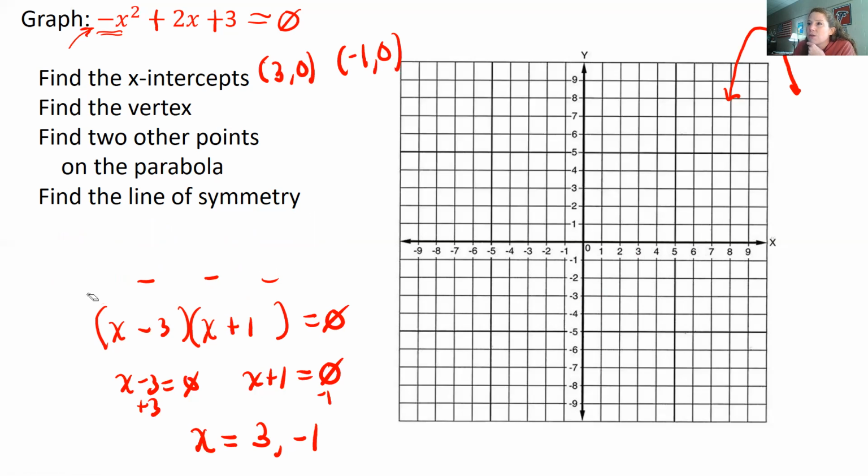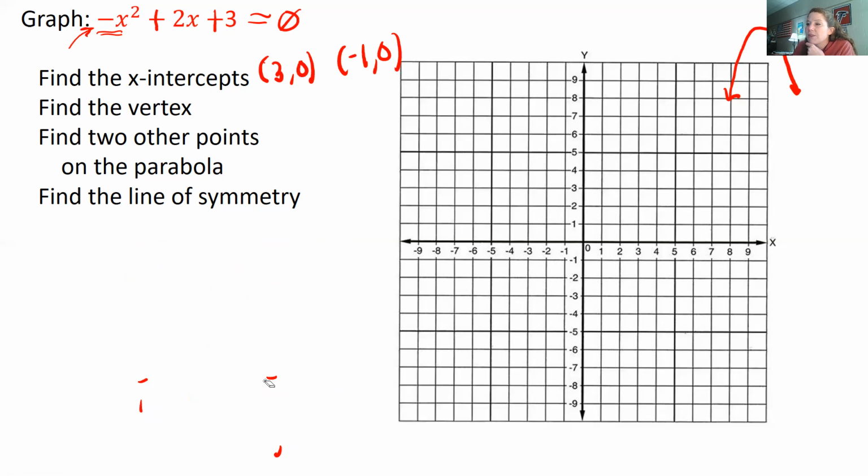So now we're going to go back to our original equation, and we are going to figure out what the vertex is. Okay? So the vertex is -b over 2a. Actually, that's the x value. Now this time, since it's a negative parabola, that's going to be our maximum value as well. Our vertex is going to be our maximum value.